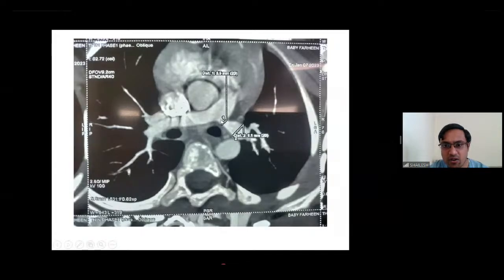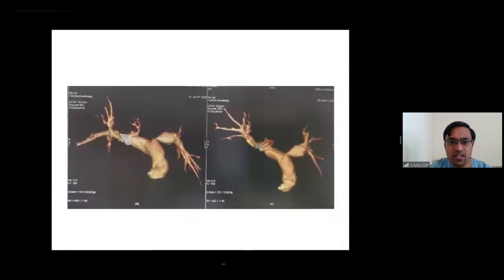At the origin of the left pulmonary artery, sir, the diameter is markedly decreased, around 3.5 mm compared to the distal diameter of around 8.1 mm, sir. And even in this 3D reconstruction, we can clearly see that the origin of the LPA from the MPA is at an angle, sir, and the origin itself is quite stenosed, sir.